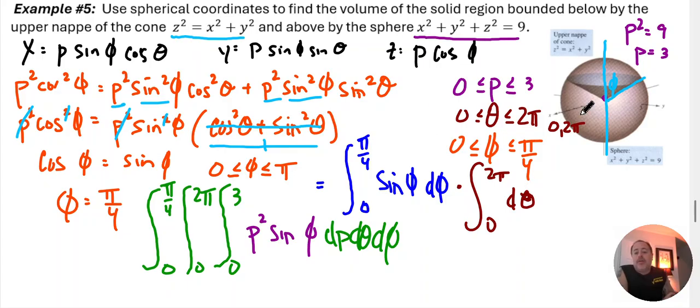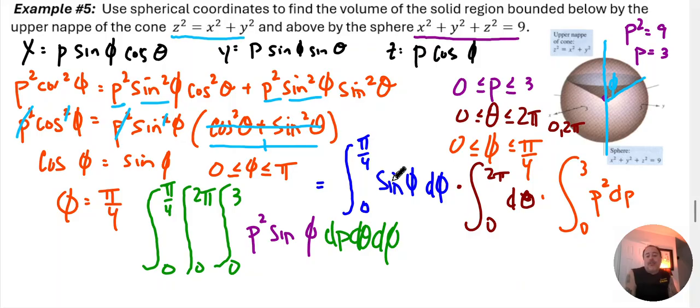And then I can also multiply this by the integration of 0 to 3 of rho squared d rho. Sorry, guys. My computer's being really slow right now. Okay. So that's really cool, right?